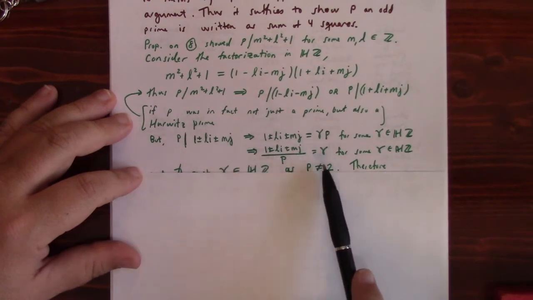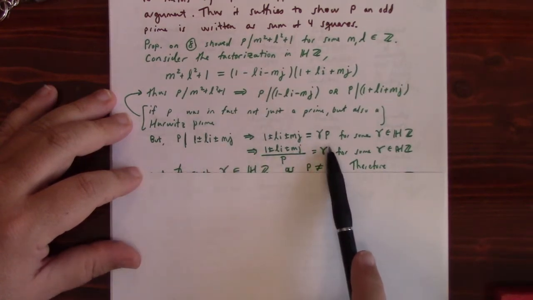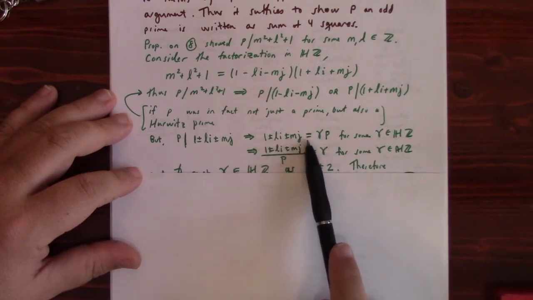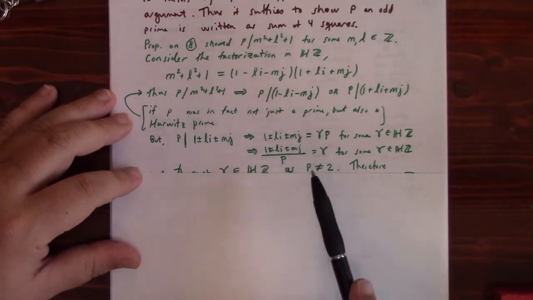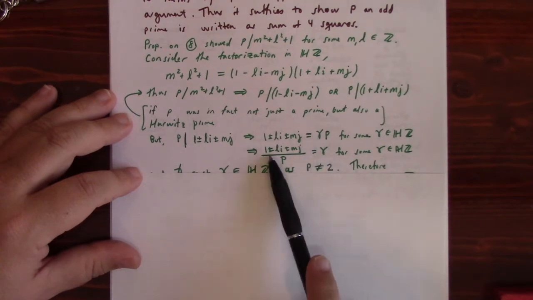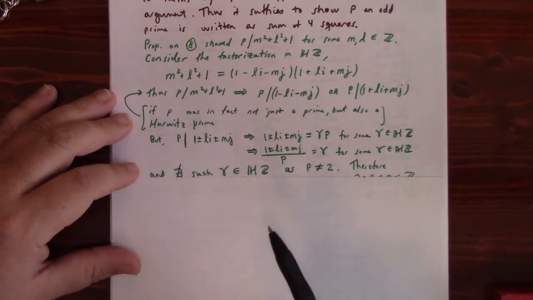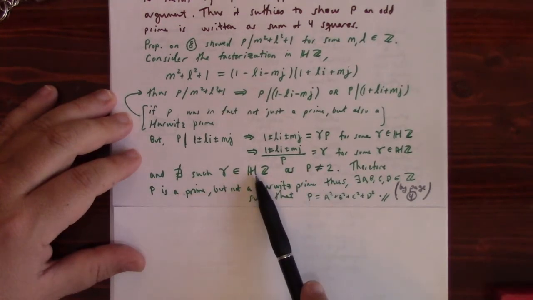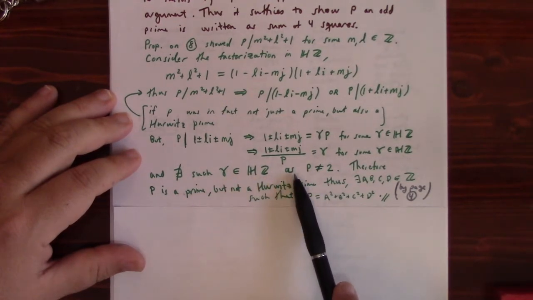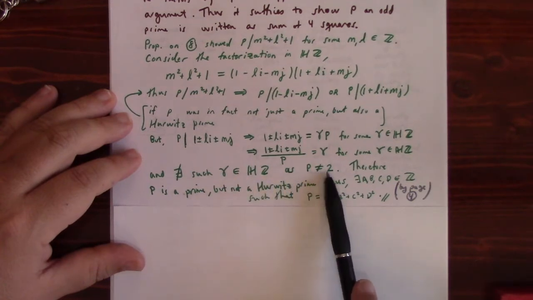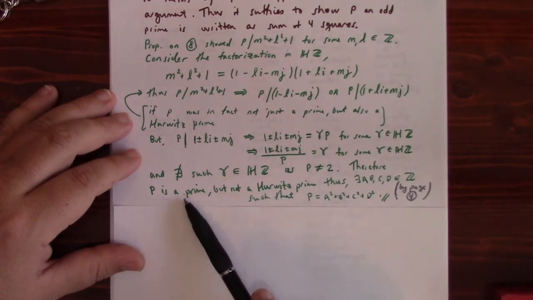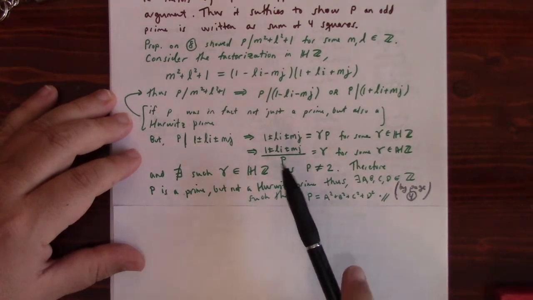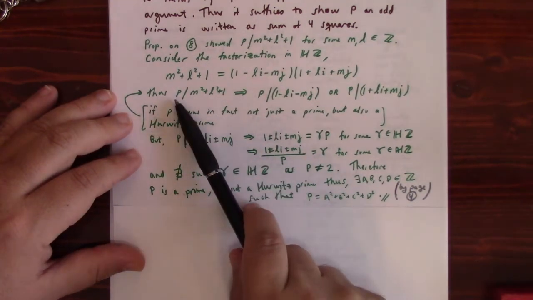In fact, since it divides both, that means that there's some gamma such that gamma times p is equal to that, but that means that gamma is that dividing p, right? And there does not exist gamma in the quaternion primes such that p is not equal to 2. Therefore, p is a prime but not a Hurwitz prime, all right? So suppose p was a Hurwitz prime.